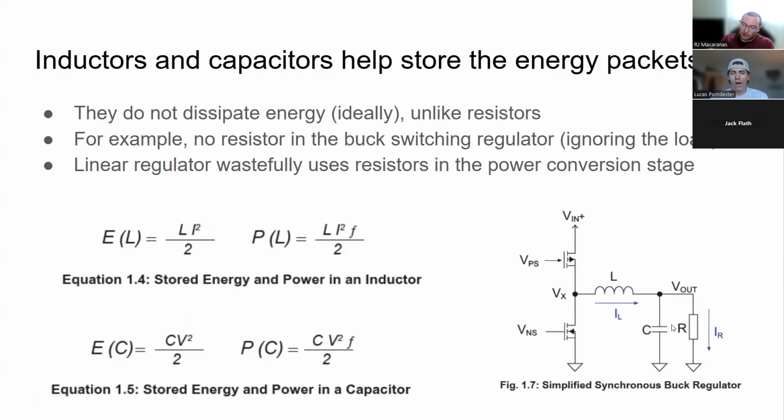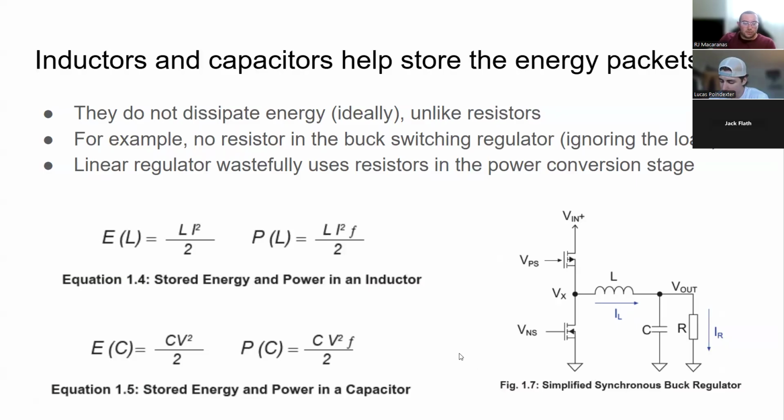But that's effectively what we'd be attaching to the output, maybe like a motor or an LED. It's just modeling that effectively. Right, so if we look at the path from the input to the output, there's no resistance in the series path apart from the parasitic resistance of this switch and of this inductor.